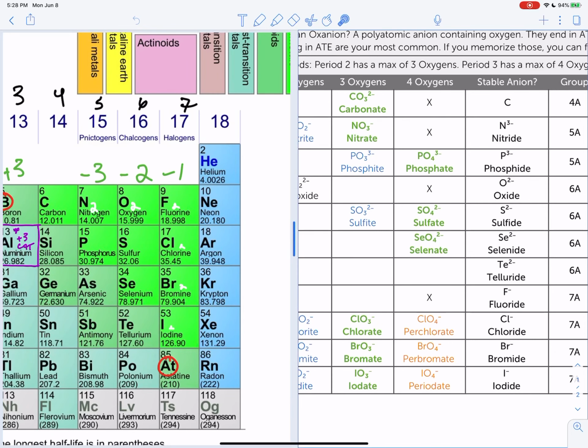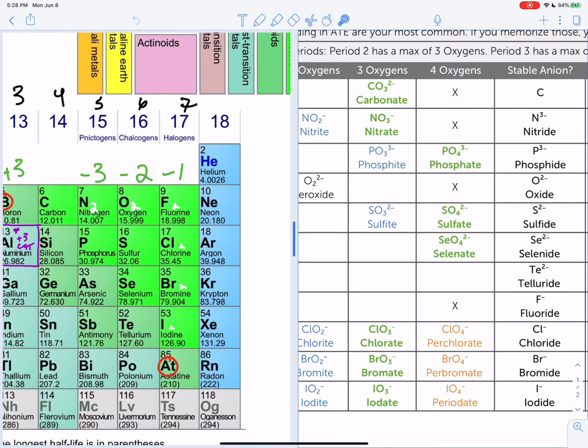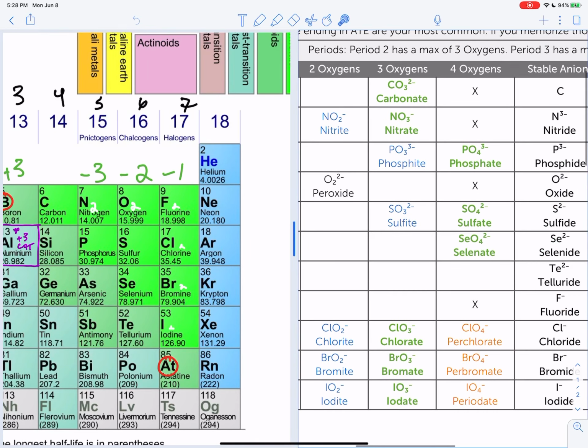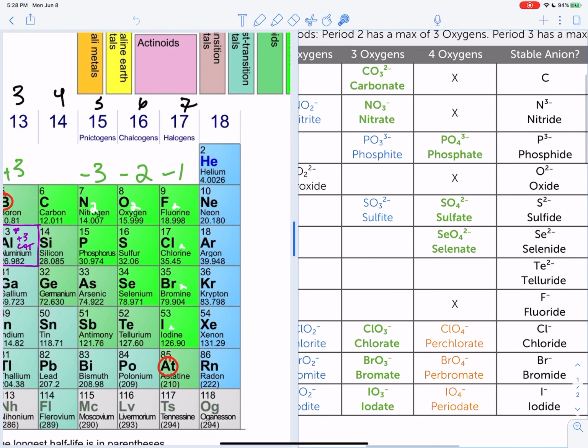And the charge stays the same. You're 2-, 2-, 2-. There are some holes here because I'm not exactly sure if there are other things in these columns, but still, you know that's an ate. When you get hit with a multiple choice question, you're going to ace it, because you know the naming structure. You know sulfite is just going to lose 1 oxygen, right?